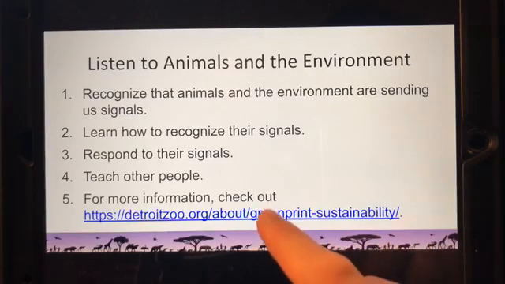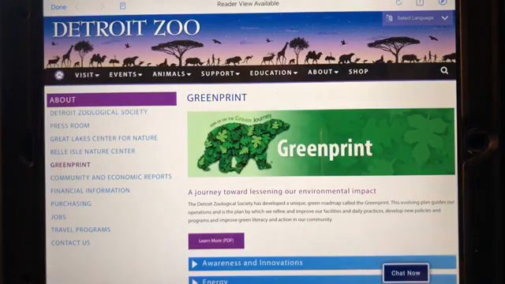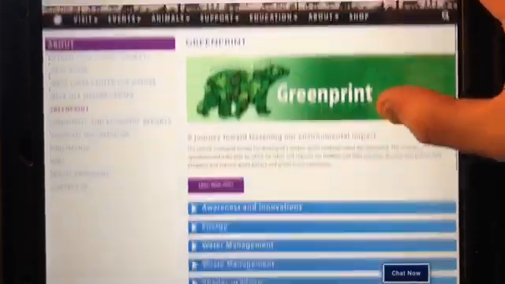And that's something that we do at the Detroit Zoological Society. One of our mission pillars is sustainability, which refers to responsibly using resources so we can meet our needs, but we aren't compromising other living beings from meeting their needs. And we can think about this as learning how to walk softly and to listen to the signals that our environment is sending us.